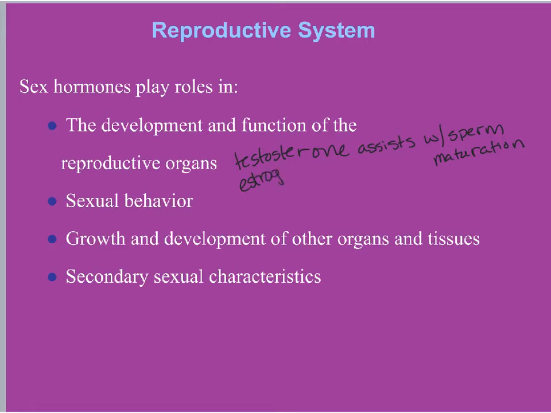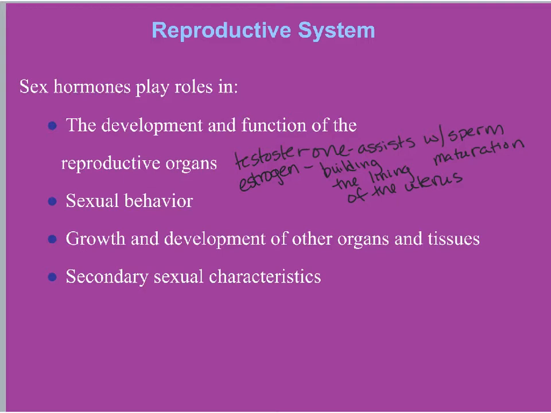Estrogen in females has, again, another variety of roles, but estrogen, just as an example, will play a role in building the inner lining of the uterus in preparation for a fertilized egg to implant.